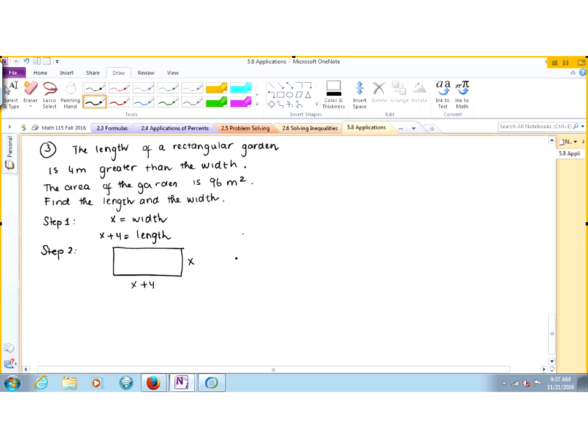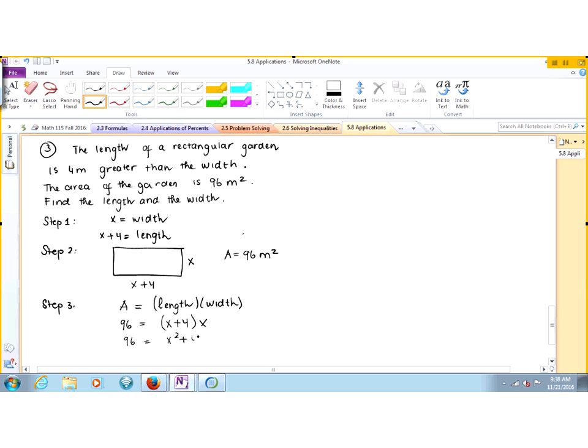All right. What do we know about the rectangle again? The area is 96 meters squared. Yes. Step 3, equation. So area is length times width. And we have the area to be 96, which is equal to X plus 4 times X. Yes.